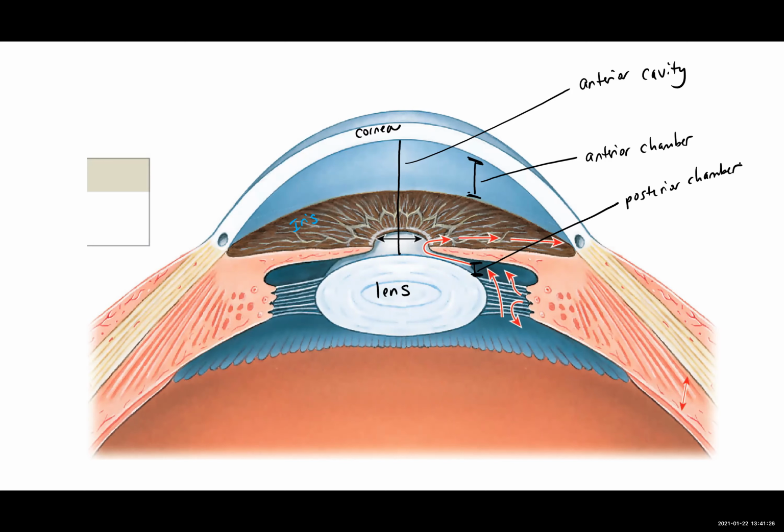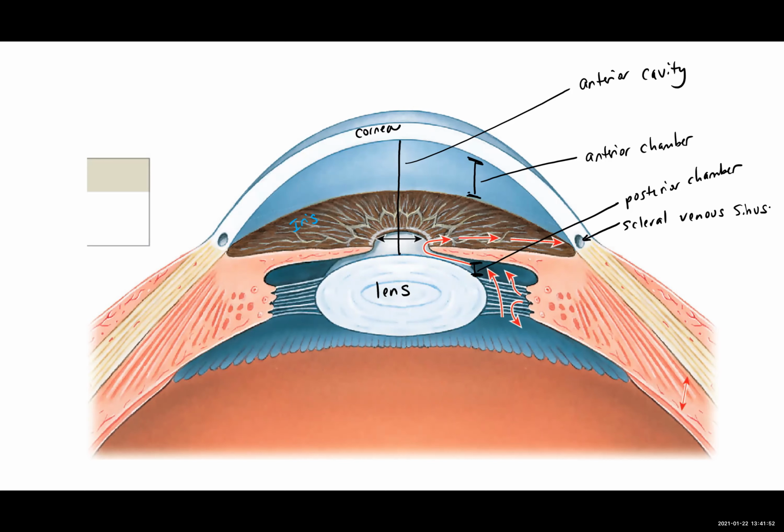We can see also a little bit better view here of that scleral venous sinus. And what we'll see is that this is going to drain your aqueous humor and return it to circulation. So it's going to move into the veins, which brings your blood back to the heart.